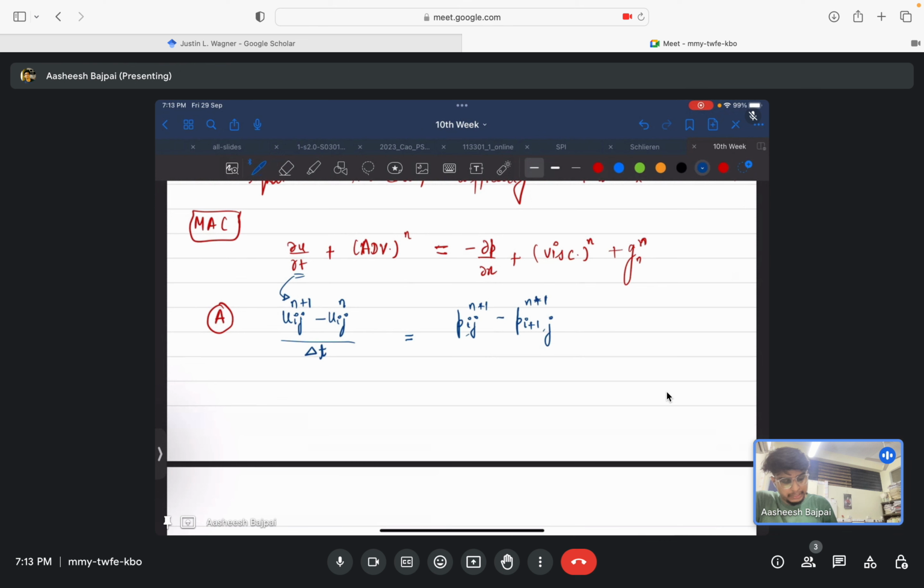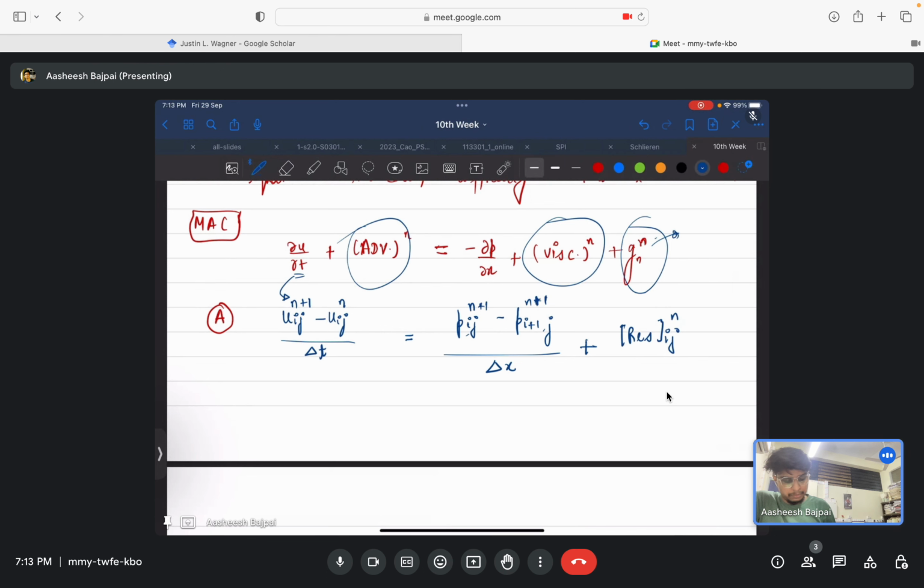Because we don't know the pressure at the next point, we can't predict it, so that is why I am writing for the n plus 1th step, divided by delta x, plus all the terms, this term and this term, and this we can neglect also. So all the terms I am putting in the residual. I am calling it the residual at the nth time step.